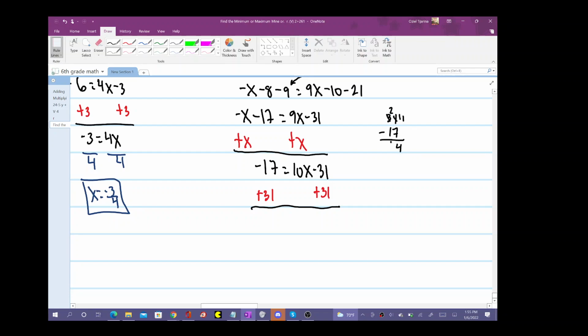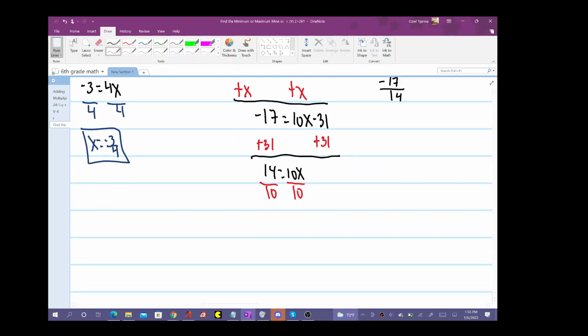You have 14 equals 10x. You divide both sides by 10. You simplify 14 over 10, because it's divisible by 2 on top and bottom, it should be 7 over 5. So x equals 7 over 5. Okay.